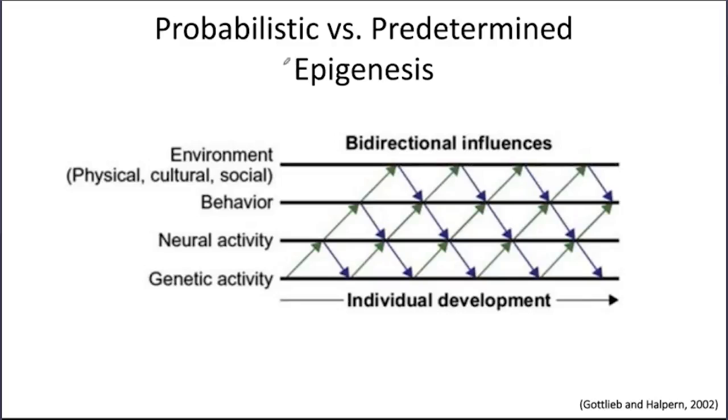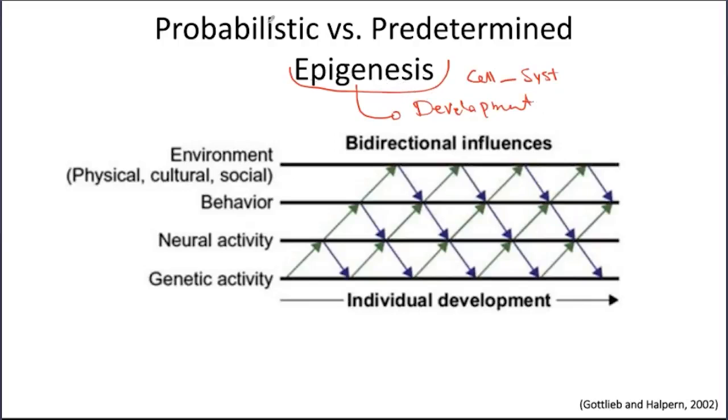And epigenesis is the process of development from a cell to a complete system. Okay, so that development process is called the epigenesis process.